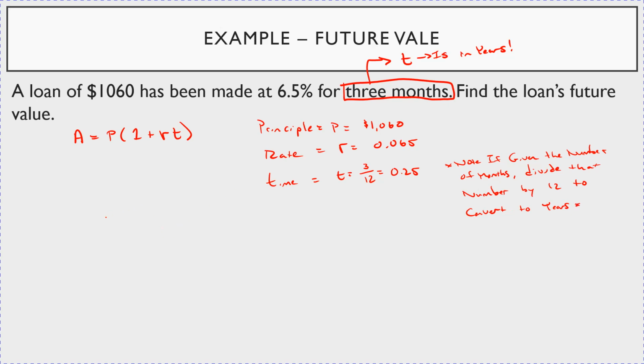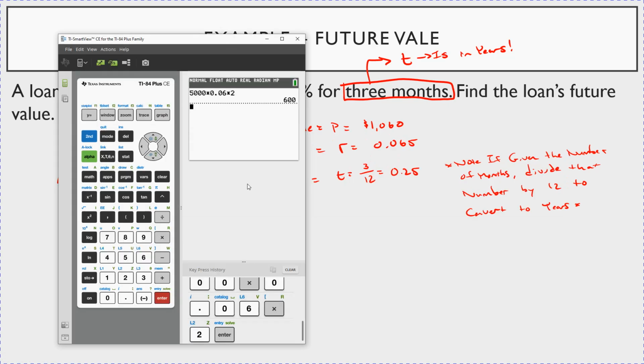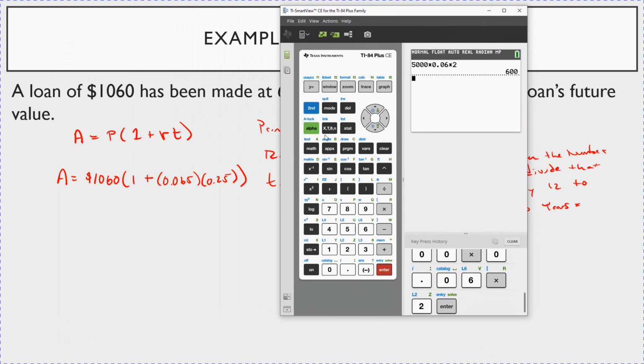All right, so now we're ready to use the formula. The future value of the loan, which is the principal plus the interest, is 1,060 times 1 plus 0.065 times 0.25. At this point, you can just grab your calculator. And what's awesome is if you watch me, I'm going to do this all in one step in my calculator.